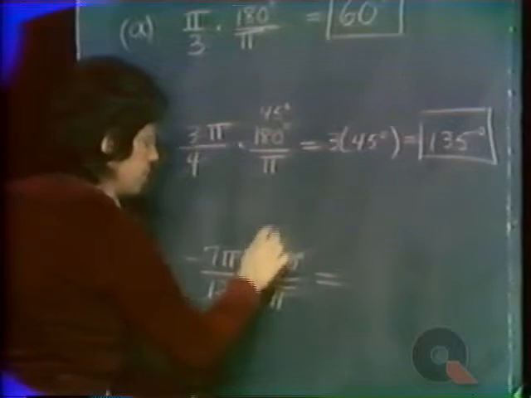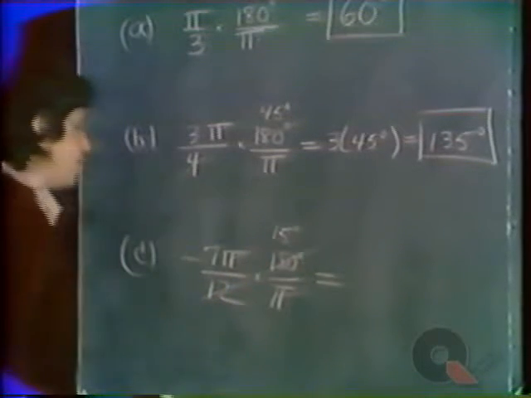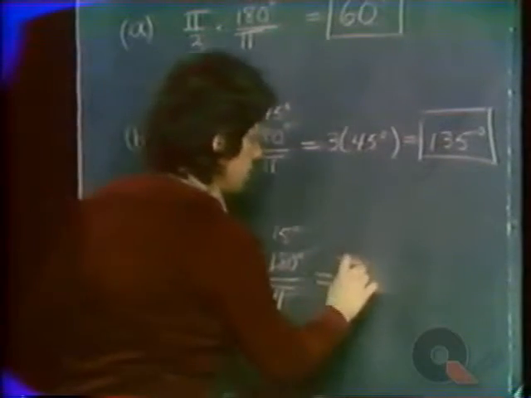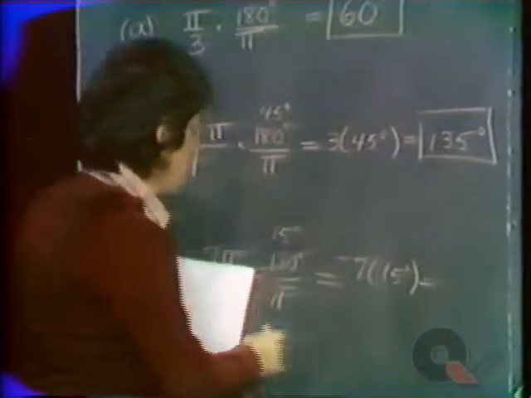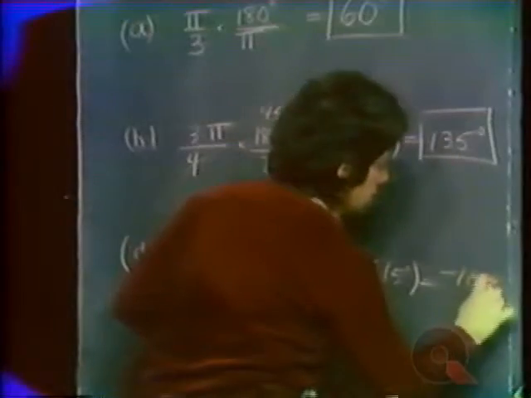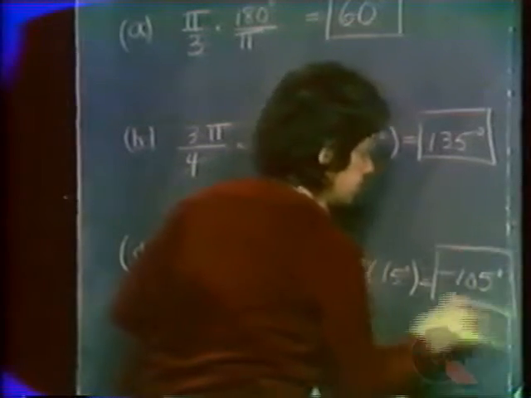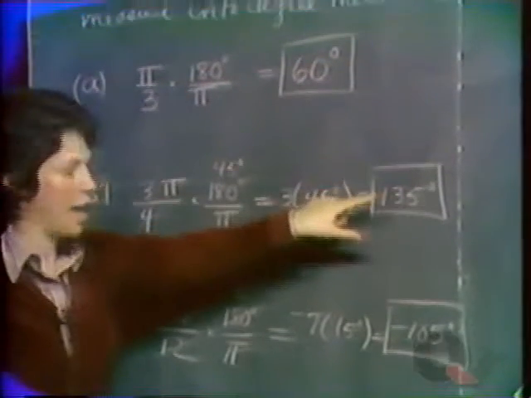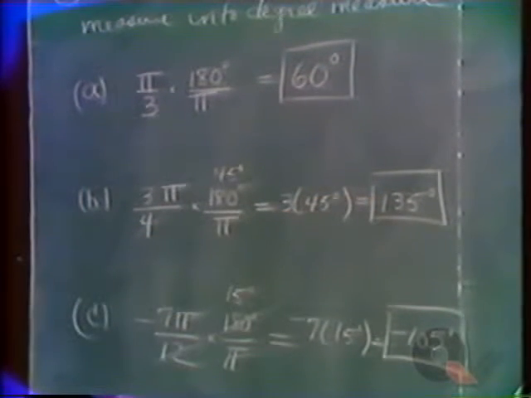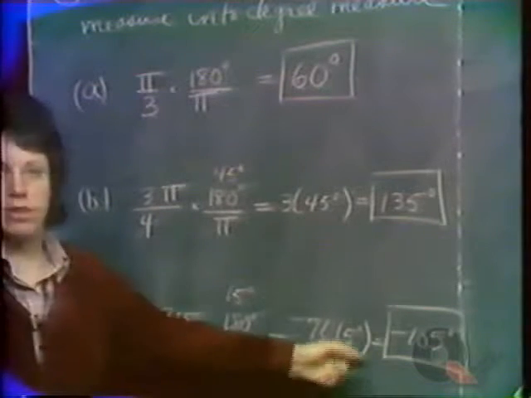Either way, you get 15 degrees, so minus 7 times 15 degrees, or minus 105 degrees. A positive angle is measured counterclockwise, and negative angles are measured in the clockwise direction.